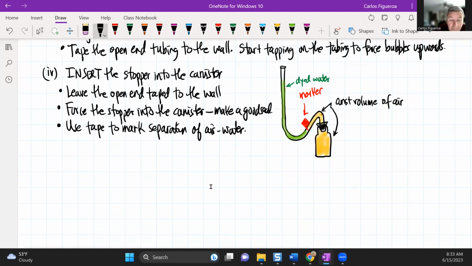Here we go. So now I'm on step 3. And we want to measure pressure and temperature.